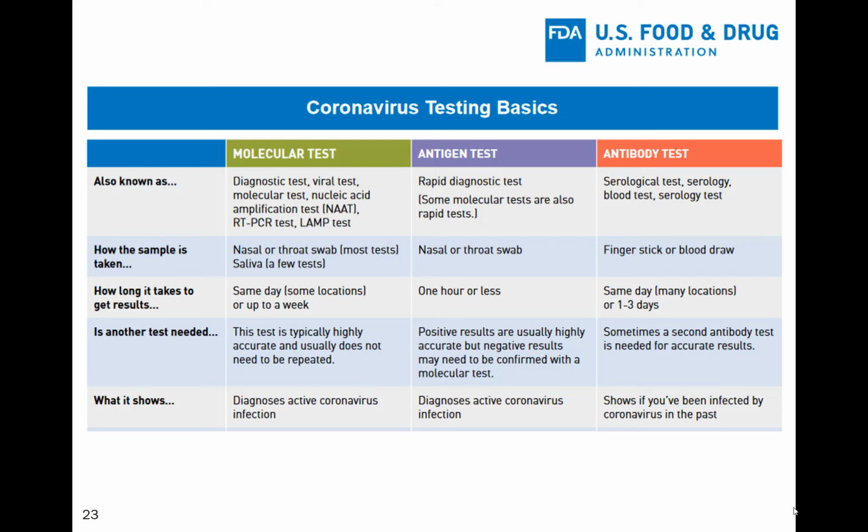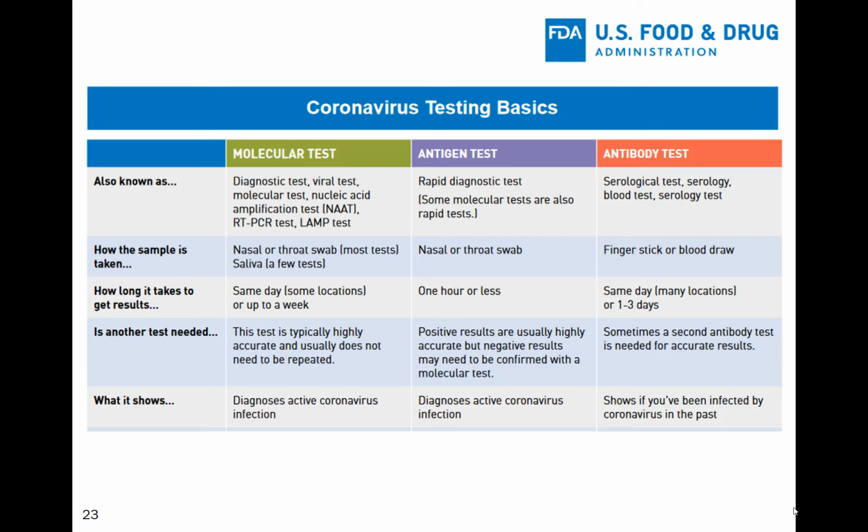Do you need another test? If the PCR is positive, means that you have the disease and you really don't need other testing. In terms of the antigen test, positive tests are highly accurate, means you have the disease. If they're negative and there's a high index of suspicion, you may need to do the molecular test. What do both tests show?